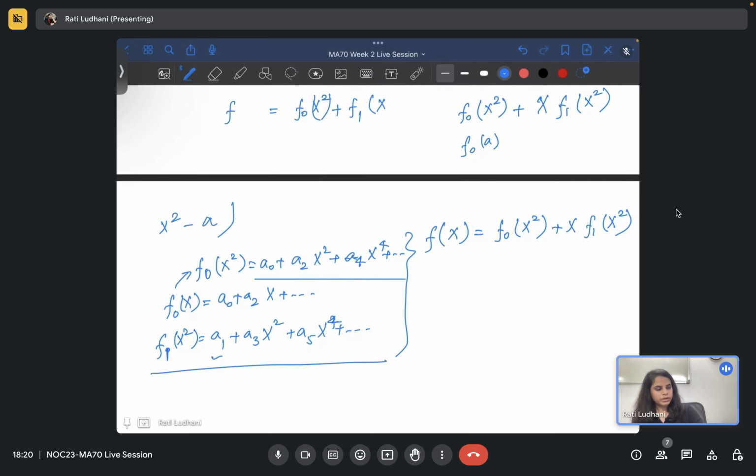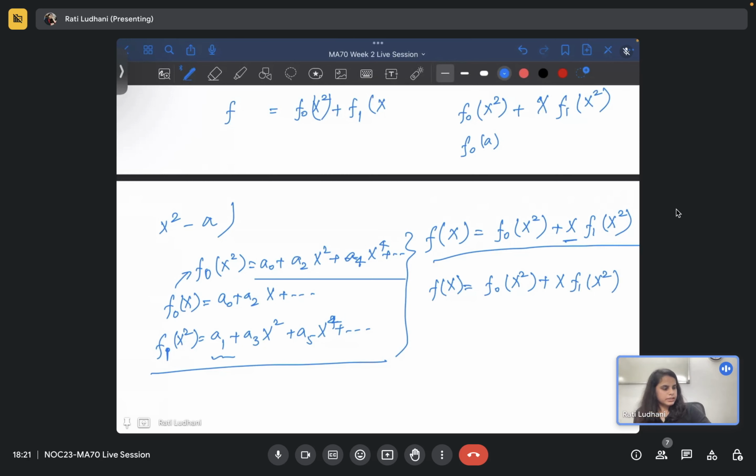Now we need to manage degree. We want a1x, so we just multiply by x in the f1 part, and we will get this relation. So is that clear for everyone? So f1 of x square. So you have this, right?